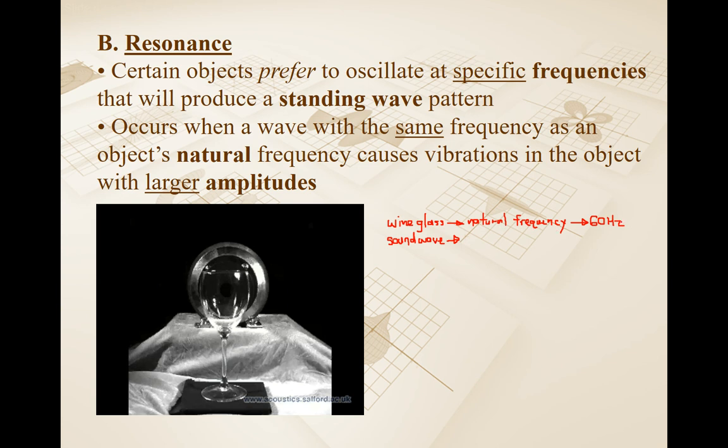Now, if the wine glass has a natural frequency of 60 hertz, and let's say that I generate a sound wave that has the same frequency, 60 hertz, then if I send the sound wave through at 60 hertz, which matches the natural frequency of the wine glass, this is going to result in the production of a standing wave in the wine glass. If you can produce a standing wave in an object, that is what we refer to as mechanical resonance.